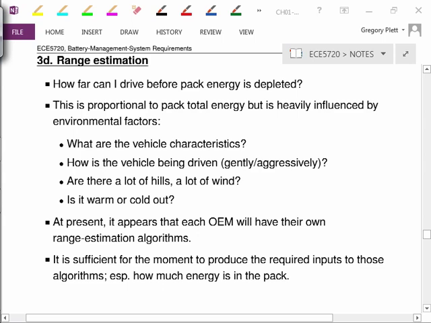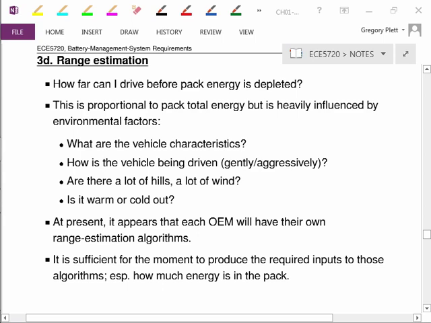So the final thing that we talk about in this section, again on reporting and so forth, is reporting back to the vehicle an estimate of how much range is left based on the current status of the battery pack. How far can I drive before the battery pack energy is depleted? And this is proportional, or maybe that's even too strong.